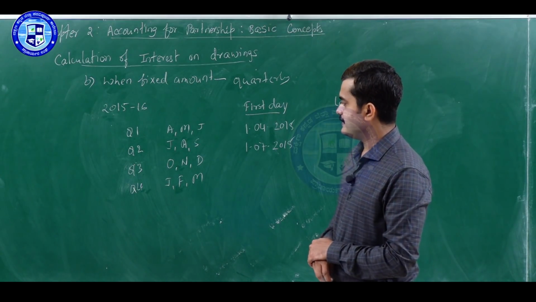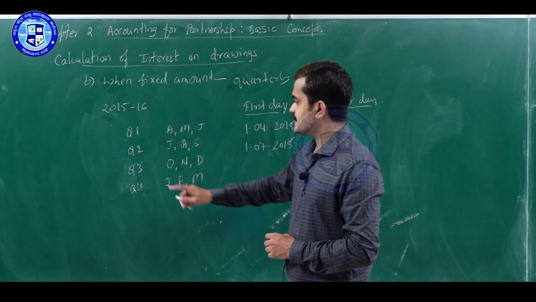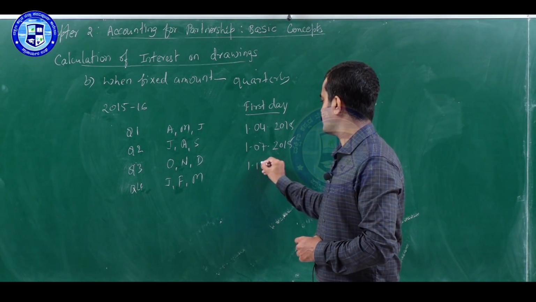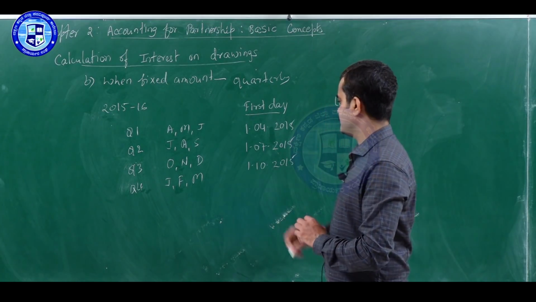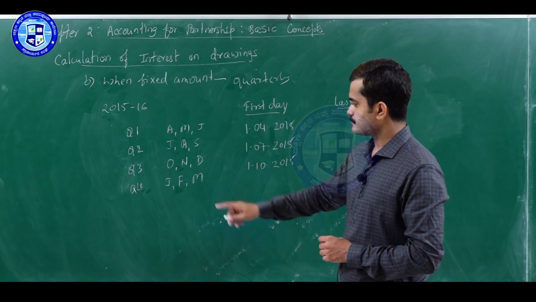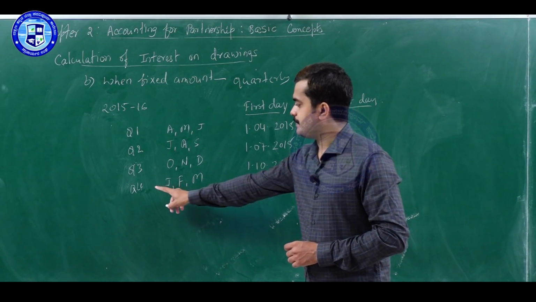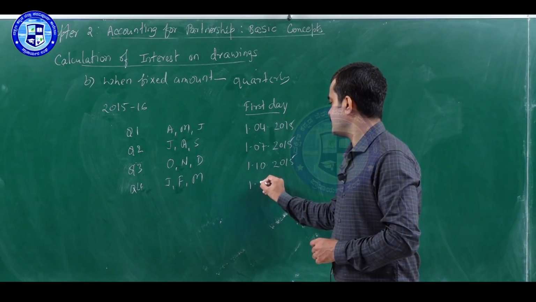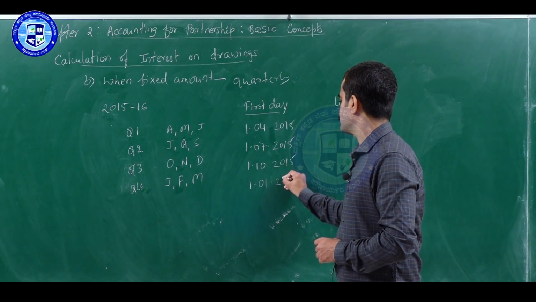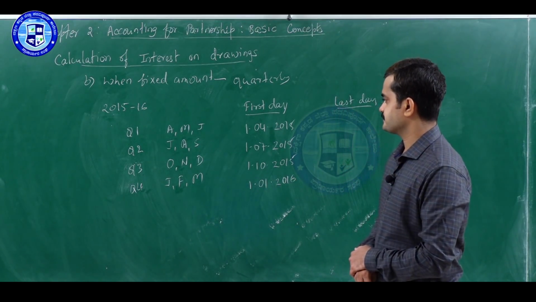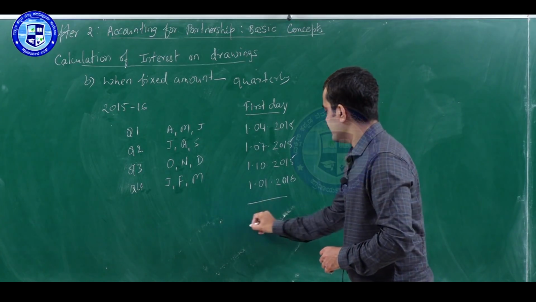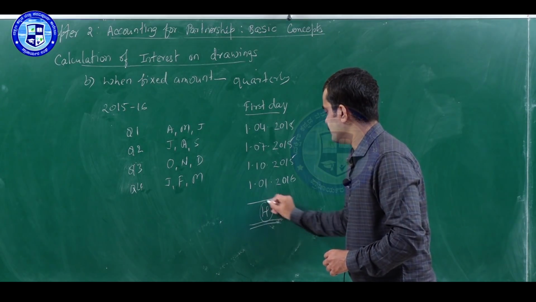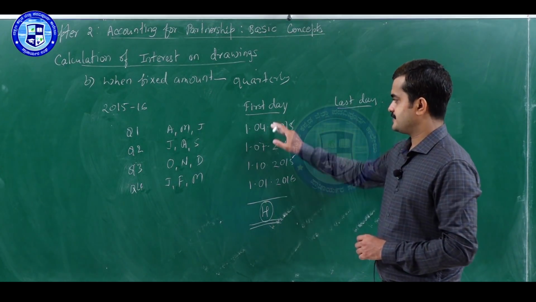Third drawings will take place on the first day of quarter 3, that is 1st October 2015, and the last drawing will take place on the first day of Q4, that is 1st January 2016. So, in an accounting period there are 4 quarters and there will be 4 withdrawals.